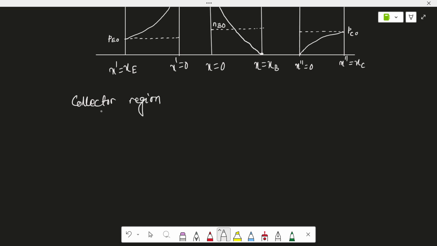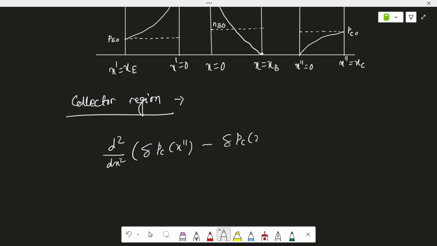So in the collector region, if you write the equation, you can write d square over dx square of delta PC of x double dash minus delta PC, these are the excess carriers, over LC square, the diffusion length, you remember, in the collector region equals 0. We'll start with this.